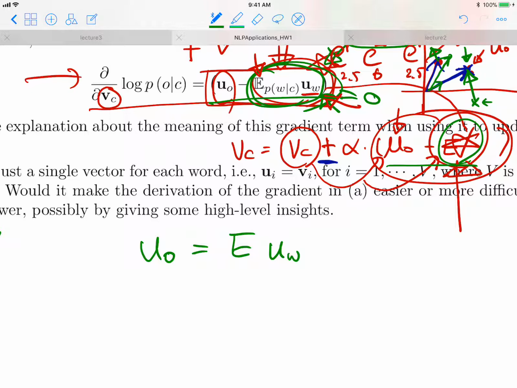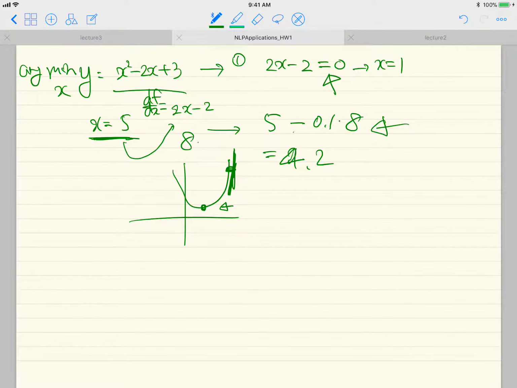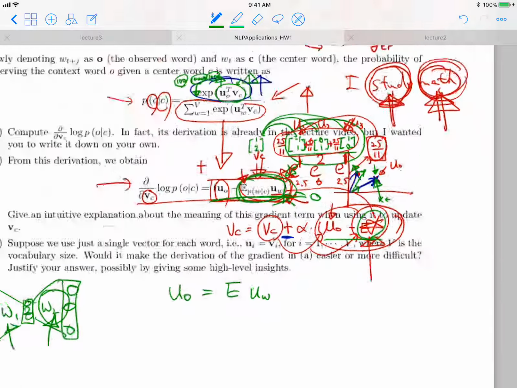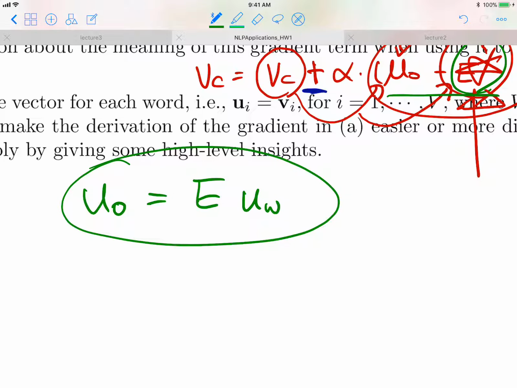And eventually, as we get closer and closer to the final converged solution, naturally this gradient will become 0, just like this example. As we move towards the minimum point, the gradient will naturally diminish and become closer to 0, right? And at that point, we will have a perfectly 0 gradient, which corresponds to this equation. What does that mean?